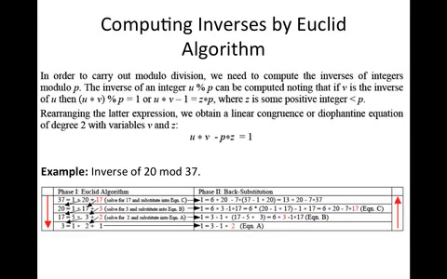Now, if I pick a prime modulus, and I want to find the inverse of a number in that modulus, then I just go out and compute the greatest common divisor of the two numbers. Since the modulus is a prime, no matter what number you pick, the greatest common divisor will have to be equal to 1. Okay?